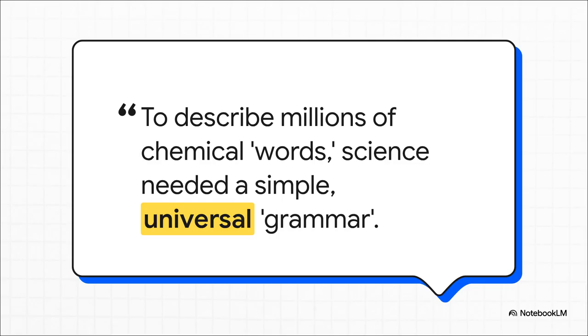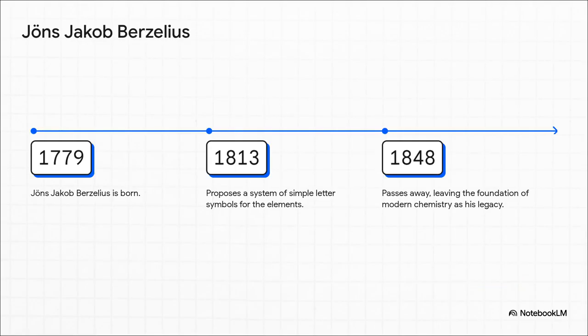For chemistry to move forward, it absolutely needed a simple, shared system that everyone could read and write. And the person who cracked this problem was a Swedish chemist named Jöns Jakob Berzelius. Back in 1813, he had this brilliantly simple idea. Let's just give each element a one or two letter symbol based on its name. This one move is basically the foundation of modern chemical language.